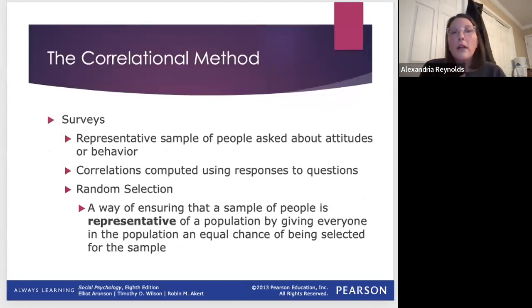Okay, so when we are measuring different things, we use, for example, surveys to indicate what behaviors people do and what relationships we can gather from that. And so what we always want to try to do is gain what we call a representative sample. So a representative sample is a sample of people who reflect the group of people that you're trying to survey.